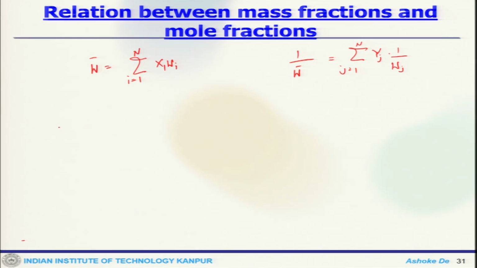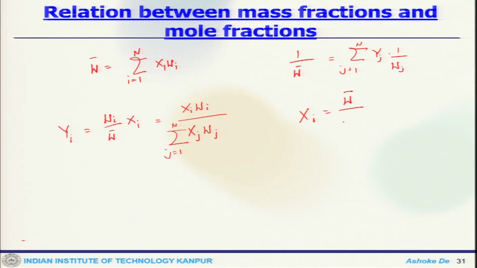So, we can have conversion from one to the other: Yi equals Wi by W bar times xi, which is xi Wi by summation over j, and xi is W bar by Wi times Yi, which is Yi by Wi divided by summation of Yj by Wj.